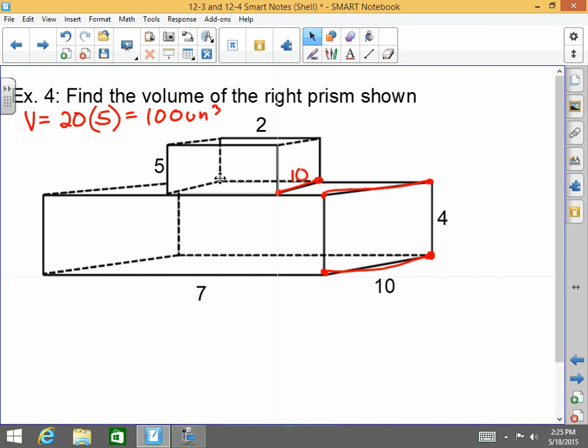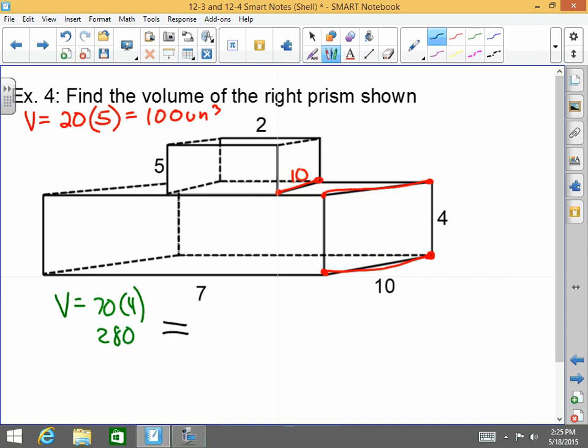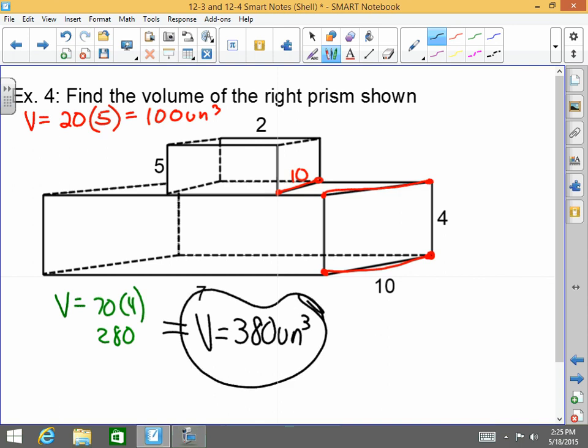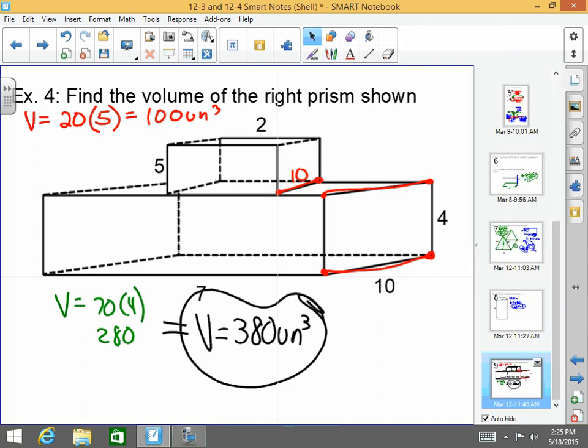And then my volume of the bottom larger prism is base area, which is 70, times height of 4, which is 280. So my total volume here would be 380 units cubed. Okay? Does that make sense?